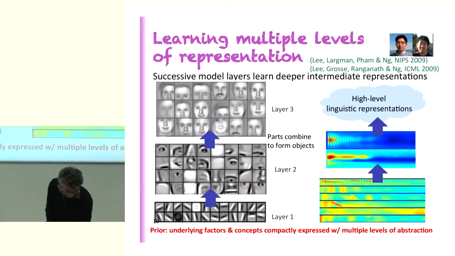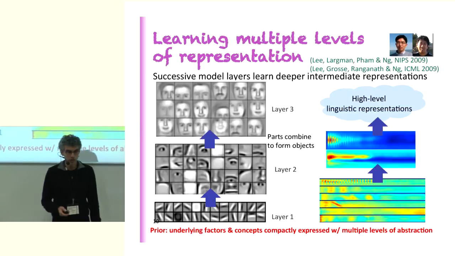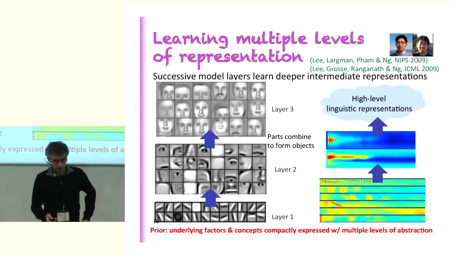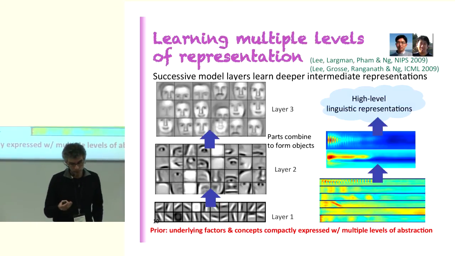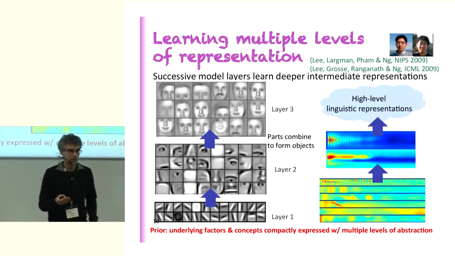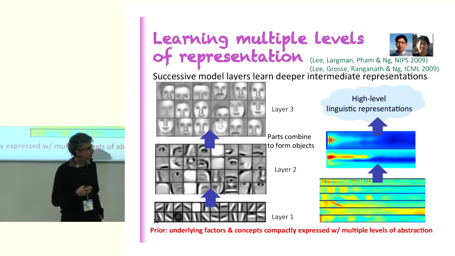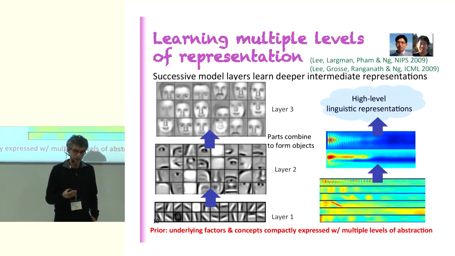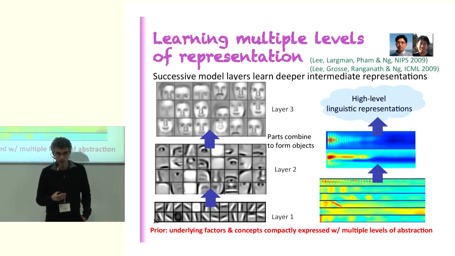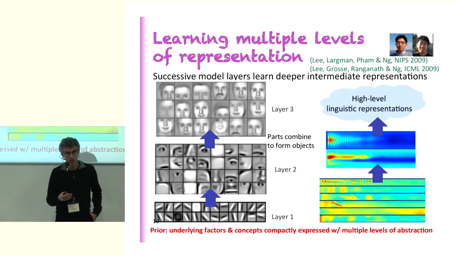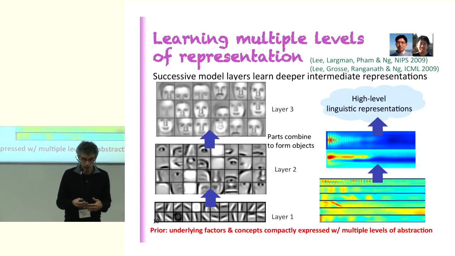All right. So this is an illustration coming from a paper by Honglak Lee and collaborators at Stanford with Andrew Ng, illustrating what it could mean to have multiple levels of representation. Here, what they're trying to illustrate is the notion that one form of hierarchy that seems to be discovered in these models is the parts hierarchy, how parts can combine to form objects.